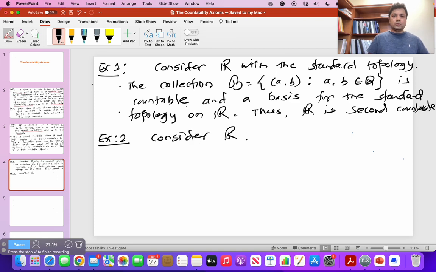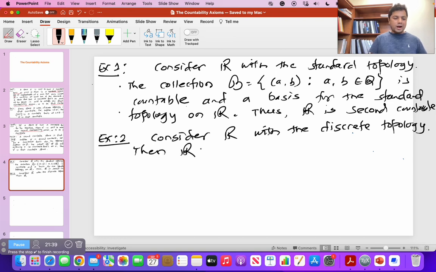Remember, in the discrete topology, every singleton is open. Then if we consider R with this discrete topology, R is not second countable.